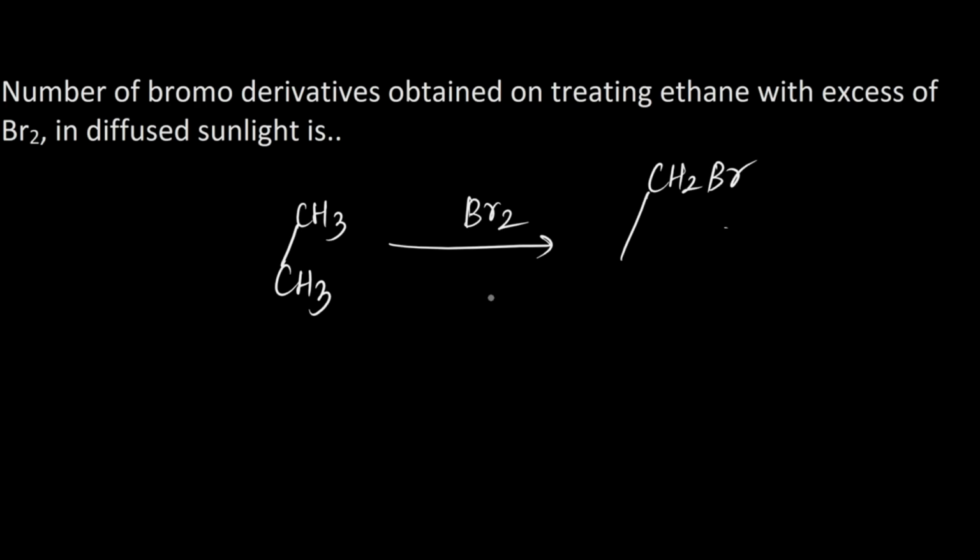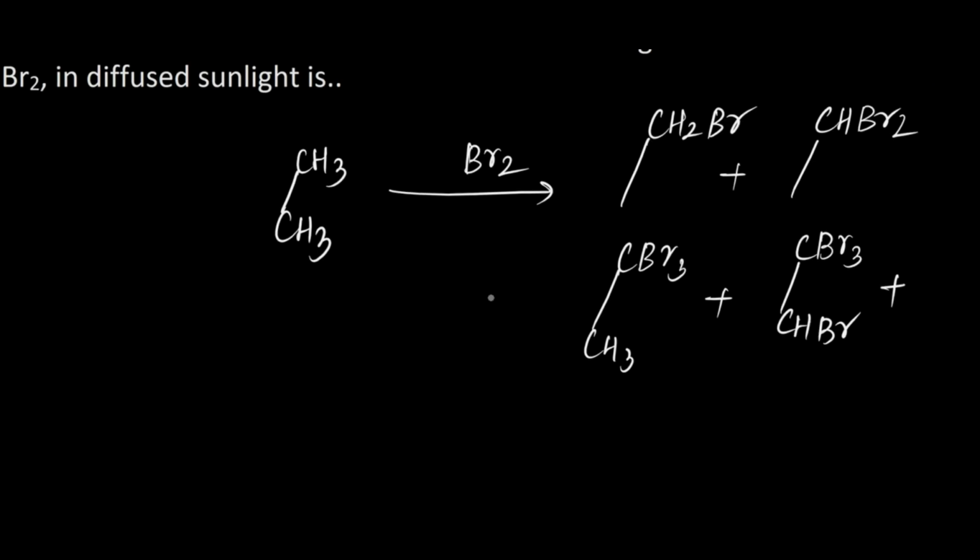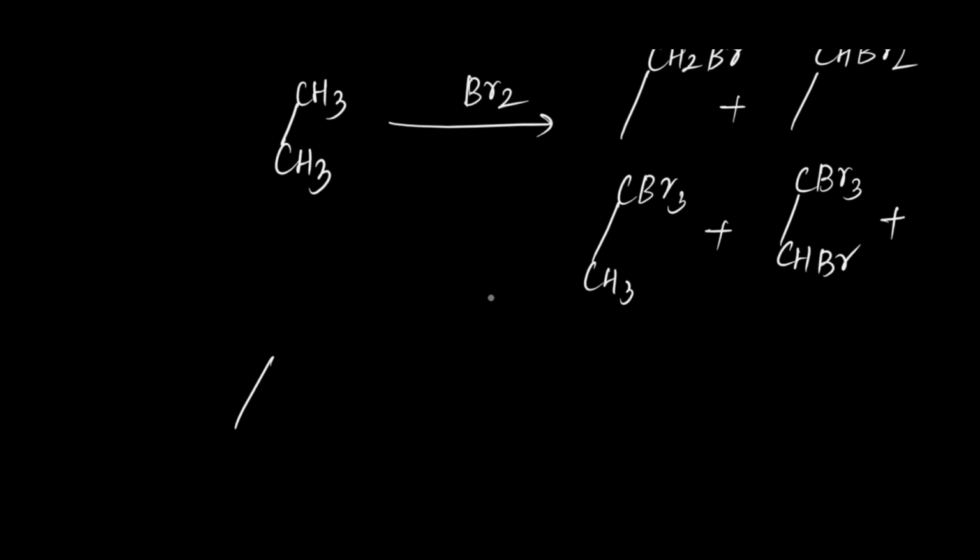CH2Br plus CHBr2 and then CBr3 with CH3 and then CHBr, CBr3. Plus it can also give CBr3 CH. This is CH2Br, this is CHBr2, and CBr3.